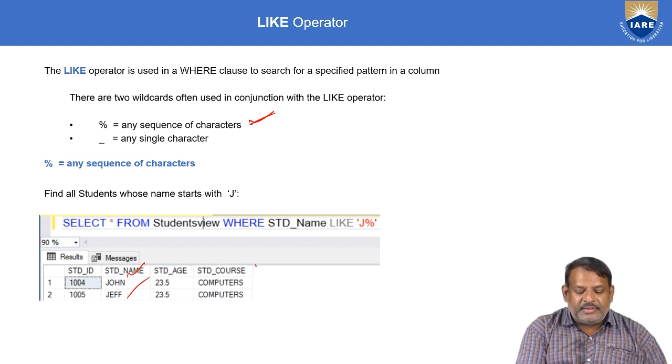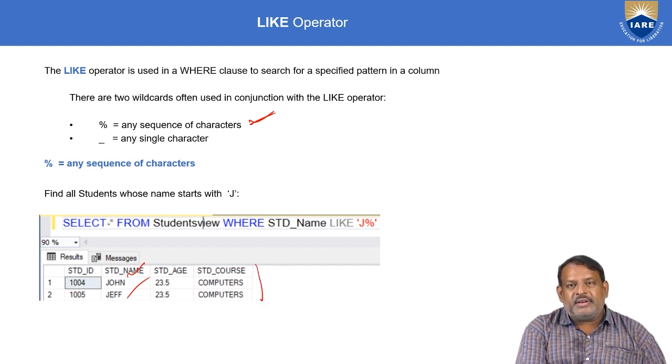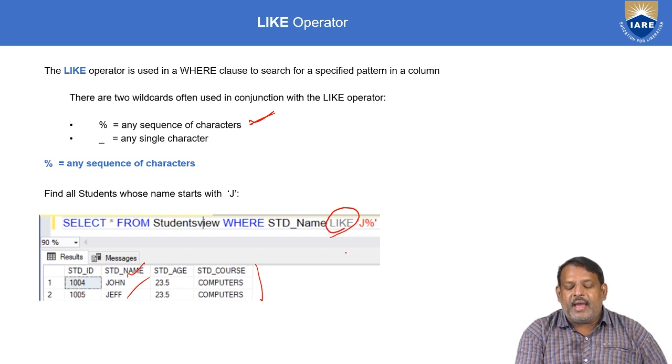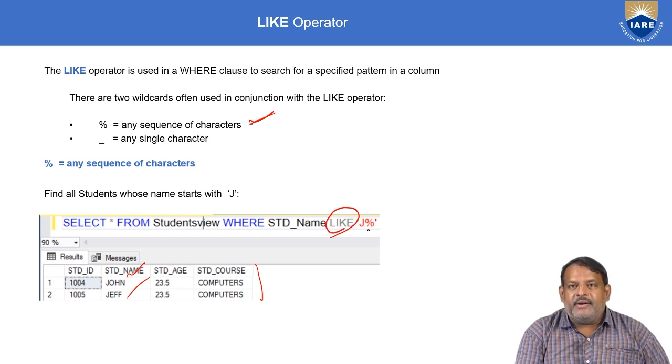I'll say select star from students where std name LIKE, which is the operator here, 'J%'. J percent means starting with J, and any other characters are allowed.